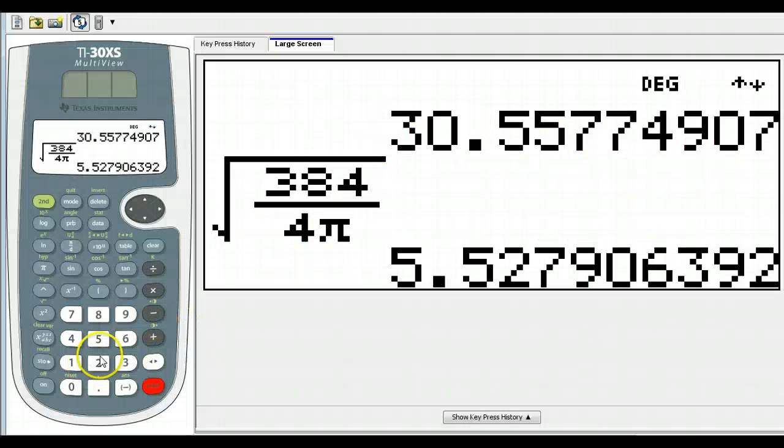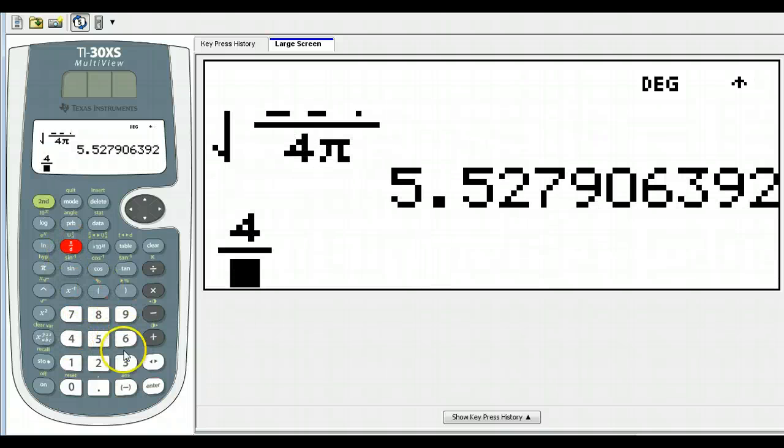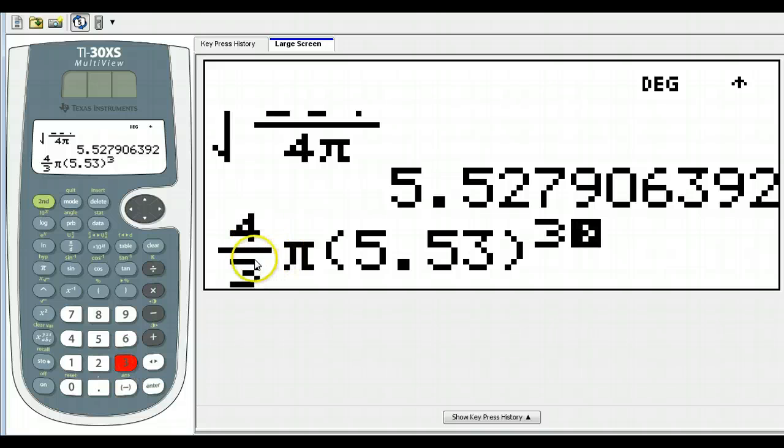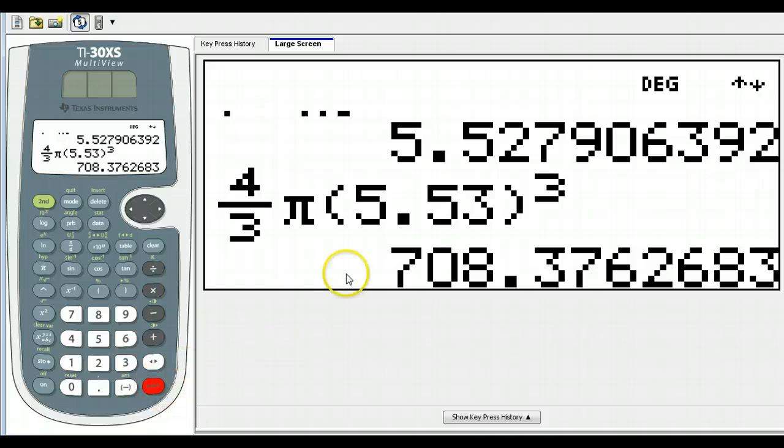So it'll look like this. 4/3 pi, there comes the radius, 5.53, cubed. So we got to do our little carry 3. So 4/3 pi radius cubed. So that gives us our answer. 708.38.